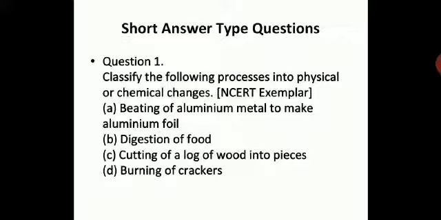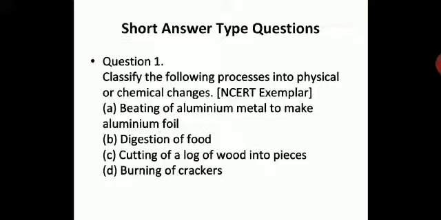Question 1. Classify the following processes into physical or chemical changes. First one, beating of aluminum metal to make aluminum foil. You have seen aluminum foil in which food is packed. When you go to school or for a picnic or a tour, you carry food and it is packed in aluminum foil.